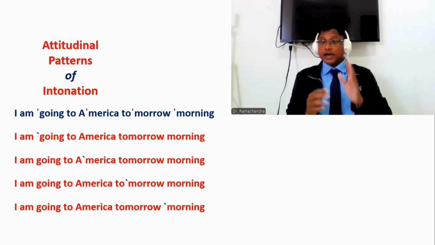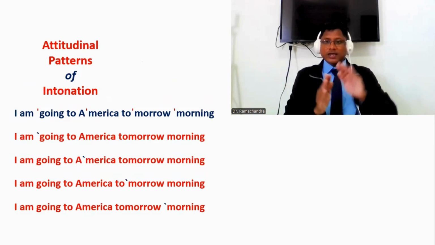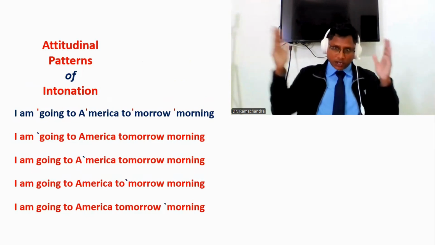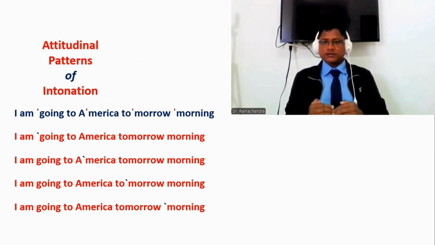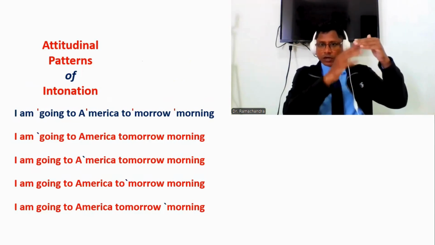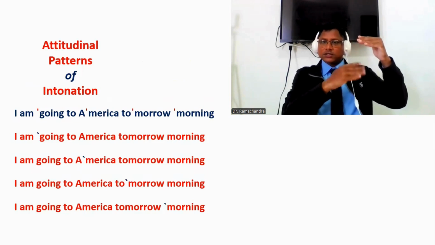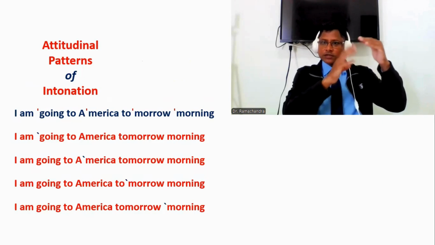what I explained. Most of the time, teachers teach and learners learn only segmental features. They neglect the suprasegmental features. You have to practice each and every aspect of phonetics: phonemes, sounds of English, markers, clusters, and connected speech, weak forms, strong forms, stress, rhythm, intonation.